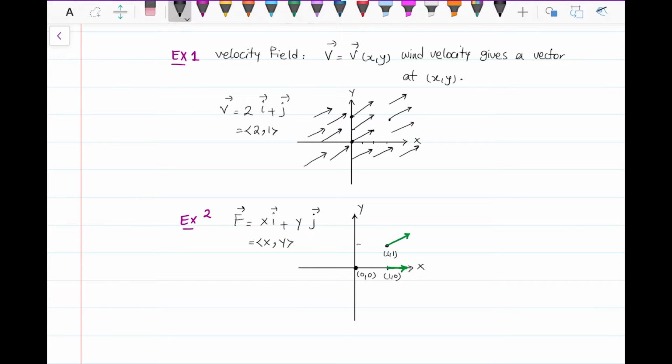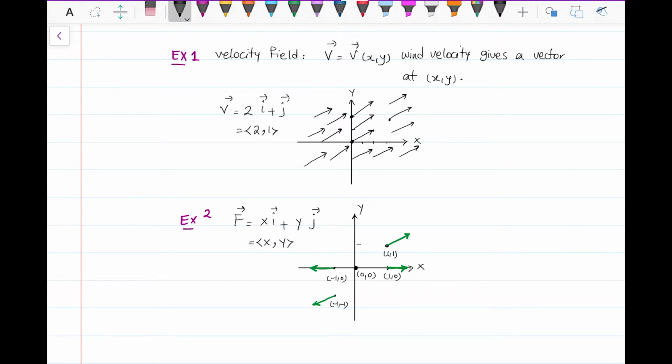Okay, let's have it at another point. For example, at the point (-1, 0), I get the vector (-1, 0), which would look like this. At another point, for example, at the point (-1, -1), I have the vector (-1, -1).